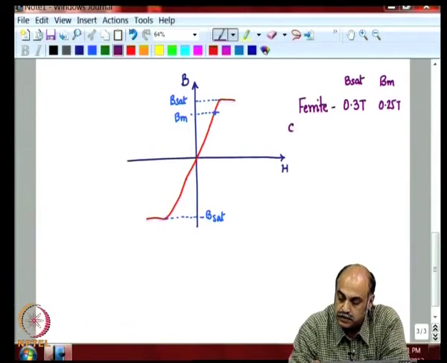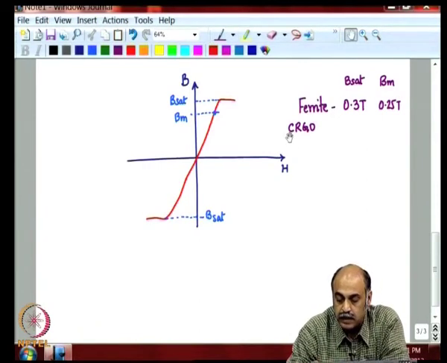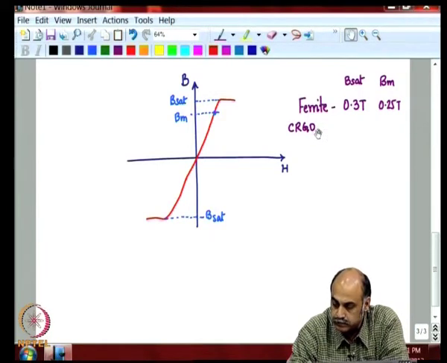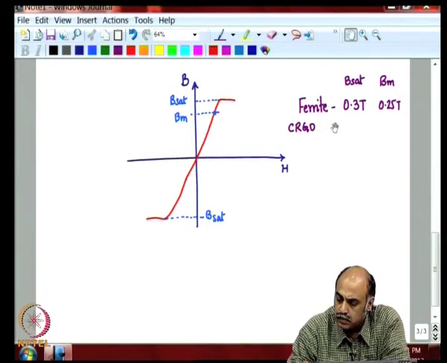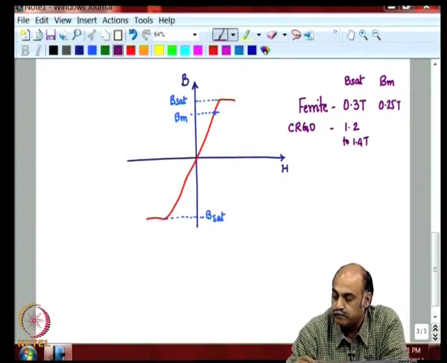And if it is CRGO, which is nothing but the acronym for cold rolled grain oriented silicon steel, this has a B_sat of around 1.2 to 1.4 Tesla, and one may operate at 1.1 Tesla.